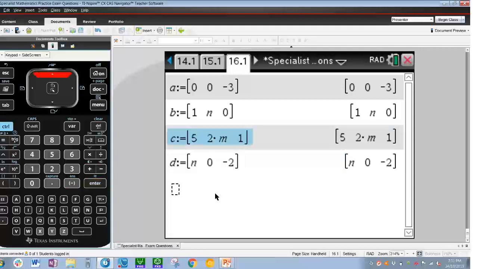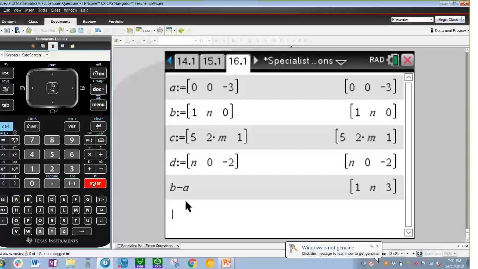We are told that ABCD is a parallelogram. That means that if you draw this out as a diagram, we have vector AB equaling vector DC. To get vector AB, we simply find B minus A. Using your vector rules, B minus A will tell us vector AB.